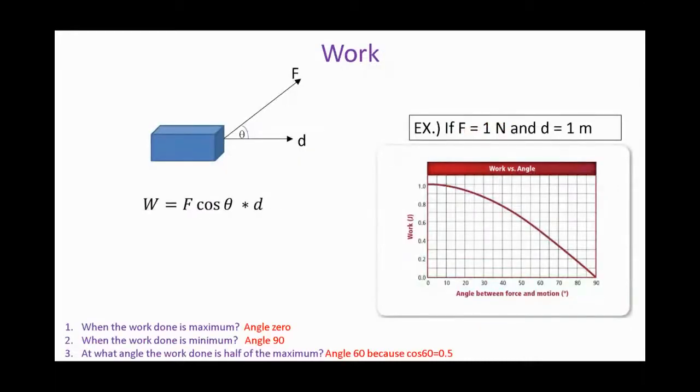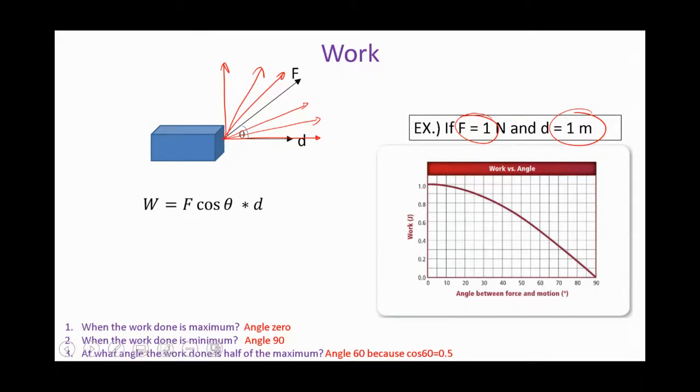Here in this case, I have a force of 1 Newton. The force causes motion to the object of 1 meter. The distance is 1 meter. Let's assume the force is horizontal, and then I will increase the angle from 0 degrees until I reach 90 degrees, for example.